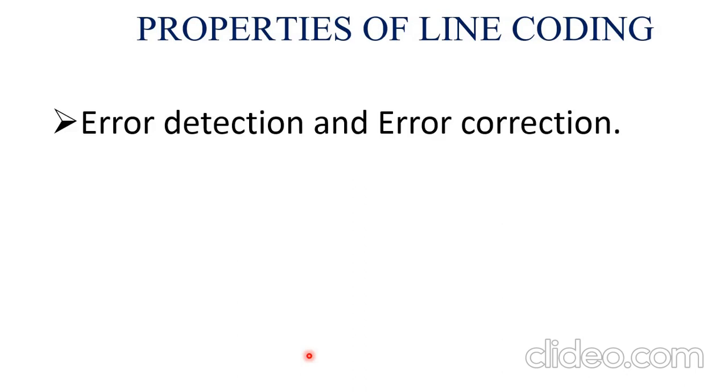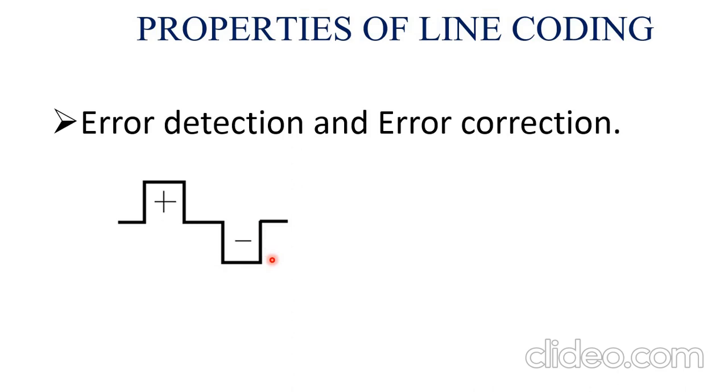In AMI, which means alternate mark inversion, 1 was represented by positive 1 and alternate 1 was represented by negative 1. So it will be like this. This is the AMI signal, where this is the positive 1 and the alternate 1 is negative.